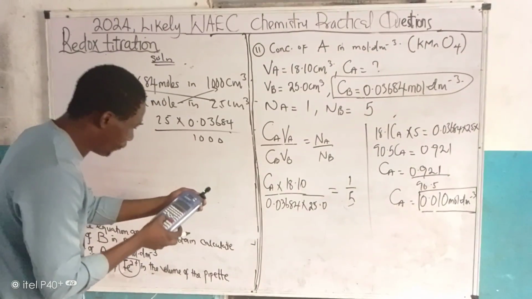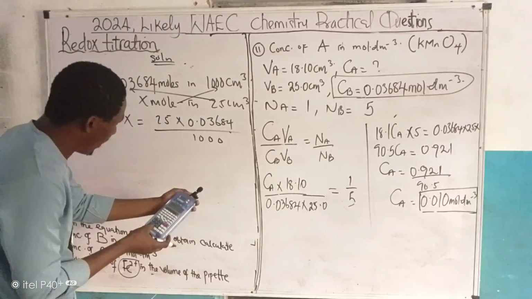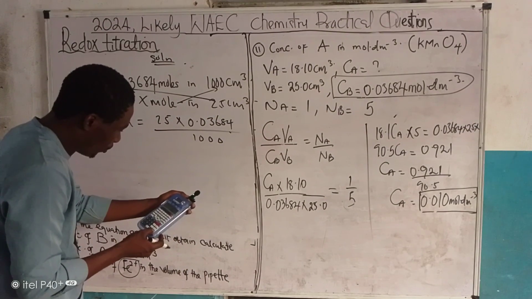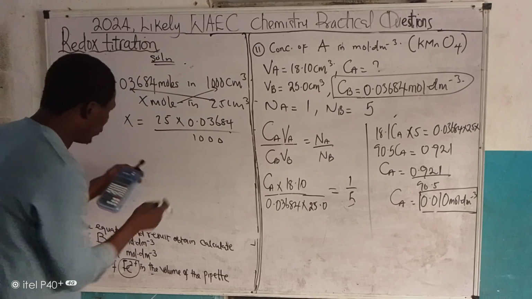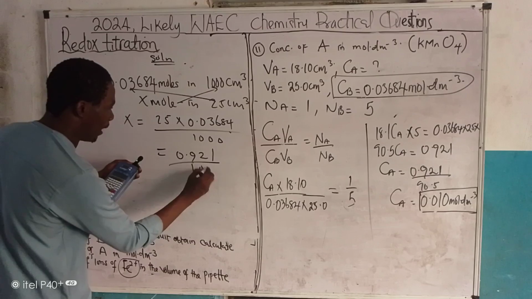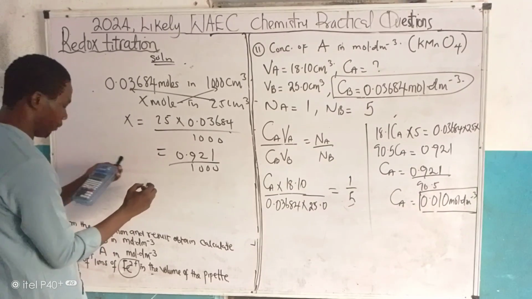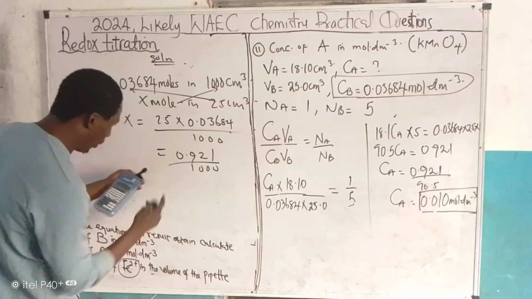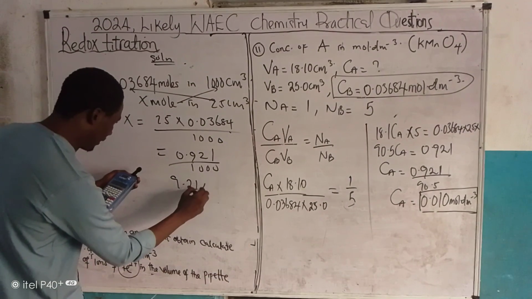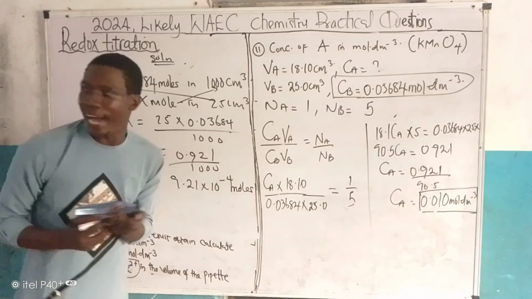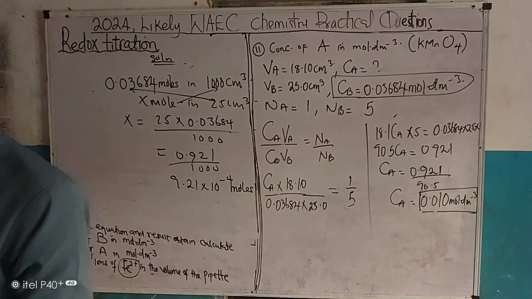Let's do it again. 25 times 0.03684, so we have 0.921, divided by 1000. That will give us 9.21 times 10 raised to the power minus 4 moles. That's the number of moles that we have.